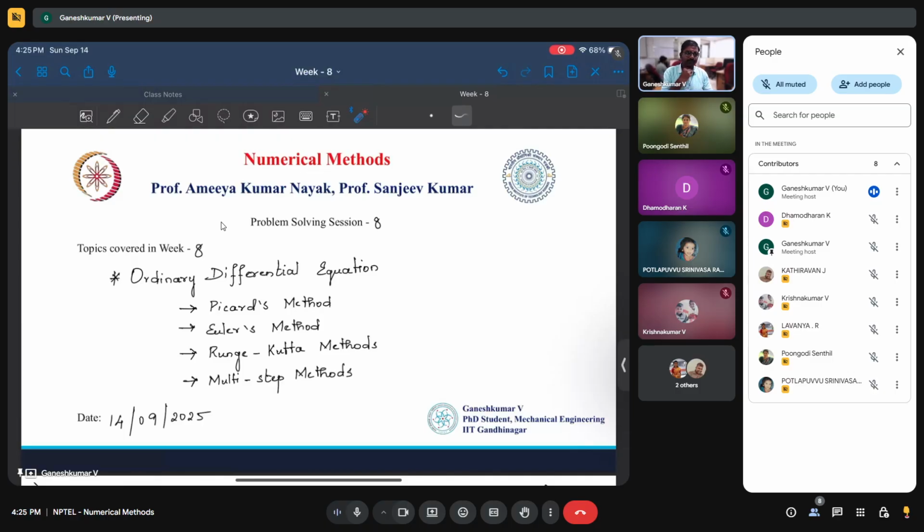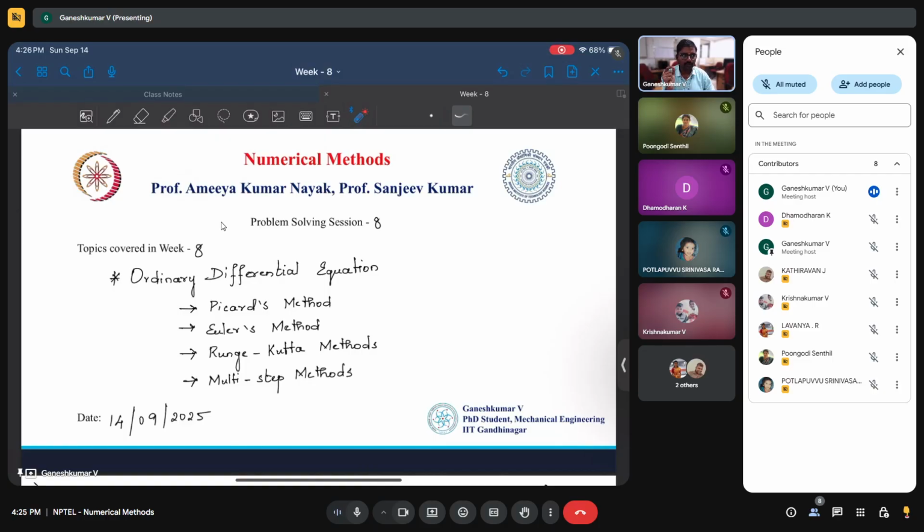So for simple problems like dynamics, let's say equations of motion in robotics, you may not require a very high order of accuracy. RK4 may be enough.